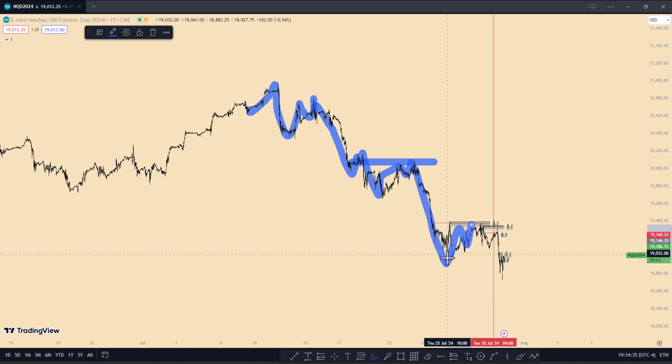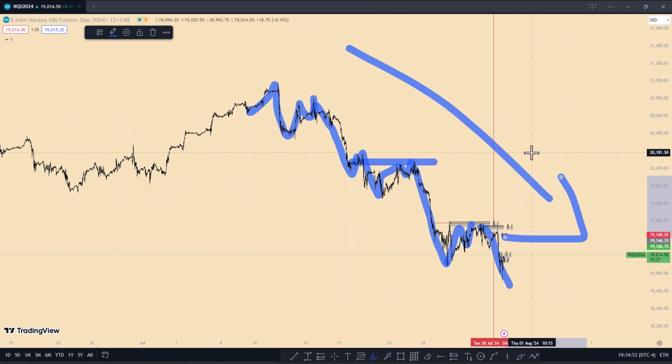So we know that this right here, this up move is likely to be just a pullback and then a continuation to the downside. So why is that? First of all, we can see that we are still early in the downtrend, right? So based on the DTFX concepts, we can expect a change in the order flow, right?